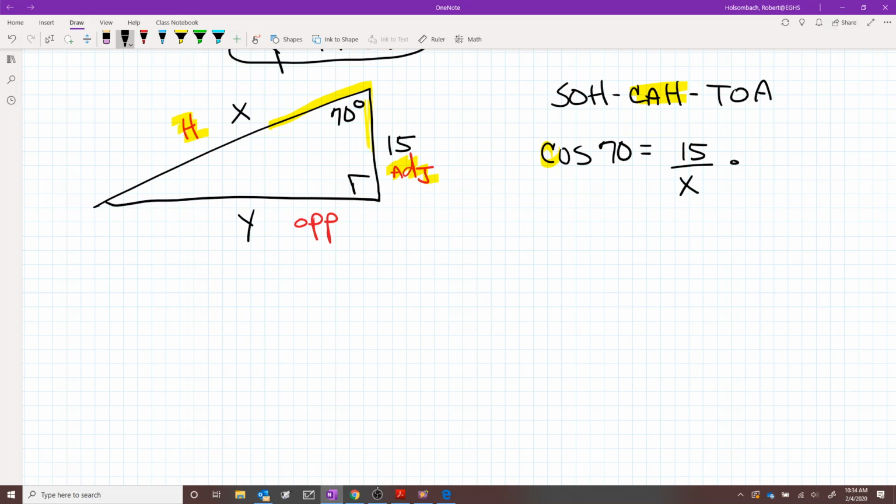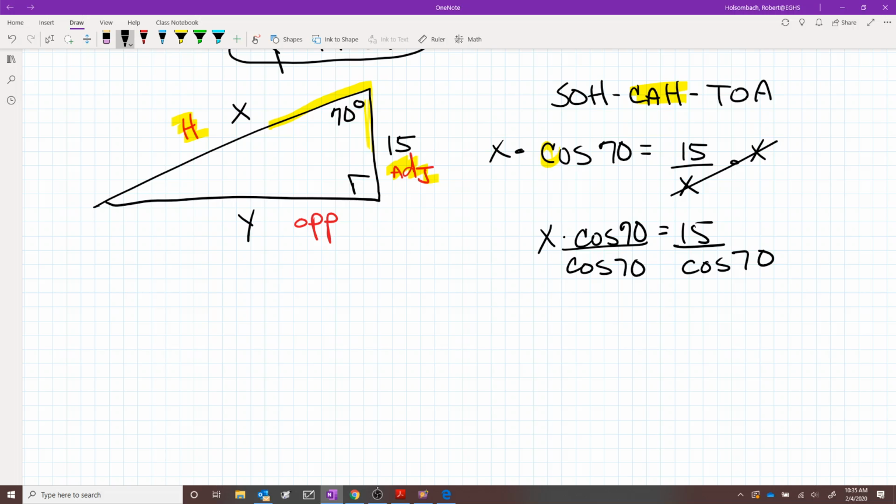I'll multiply both sides by x. So x times cosine 70 equals 15. If you divide both sides by cosine 70, your cosine 70s will cancel out, and your x will be equal to 43.86.